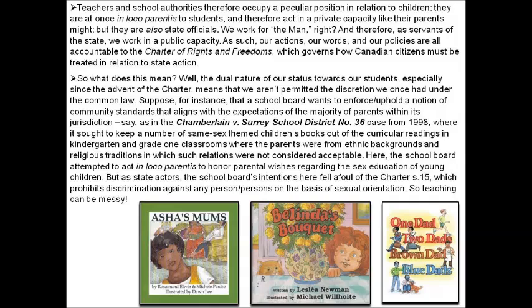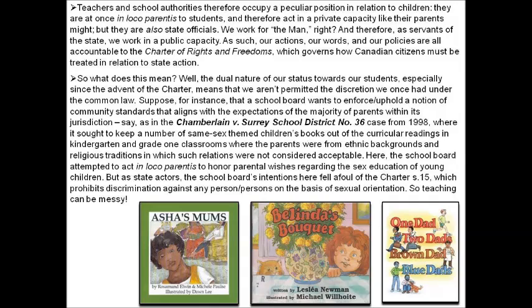So that means we work for the man, right? And therefore, as servants of the state, we work in a public capacity. As such, our actions, our words, and our policies are all accountable to the Charter of Rights and Freedoms, which governs how Canadian citizens must be treated in relation to state action.